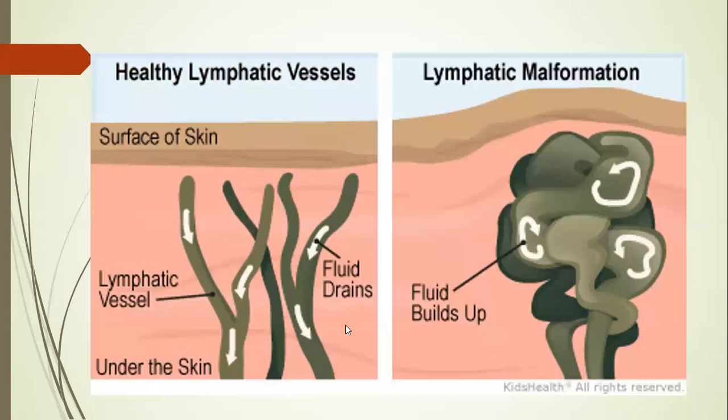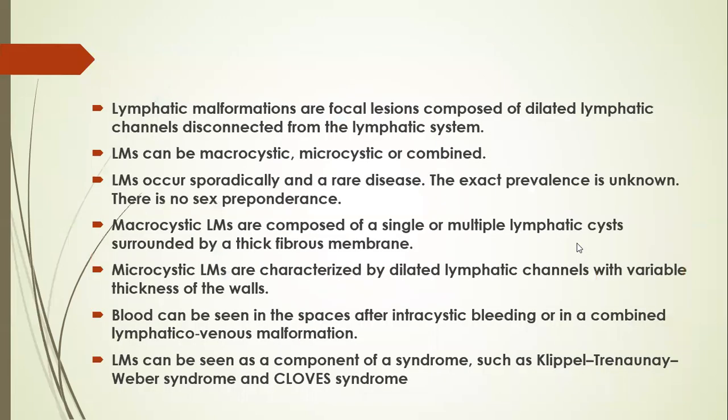So these are the healthy lymphatic channels which take the lymph from the dermis and drain it into the veins. But in lymphatic malformations, these lymphatic channels become huge, large, and dilated, with lots of fluid accumulation.